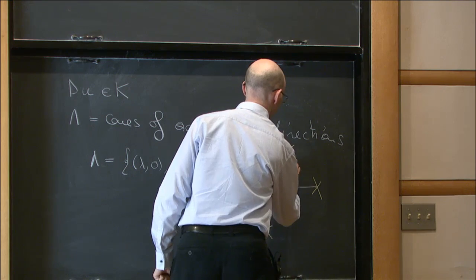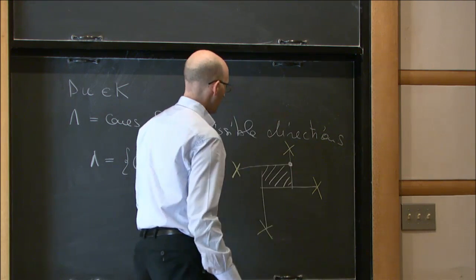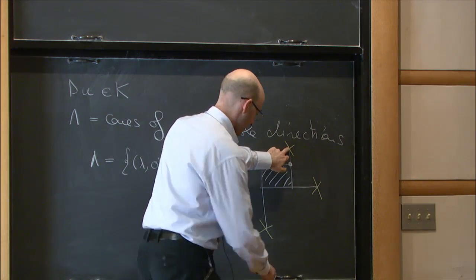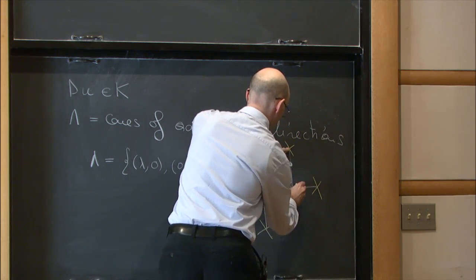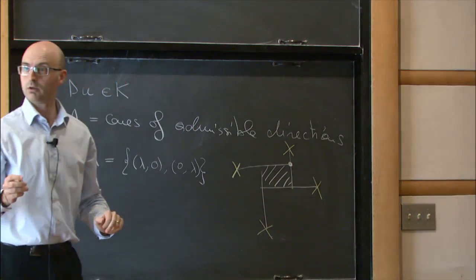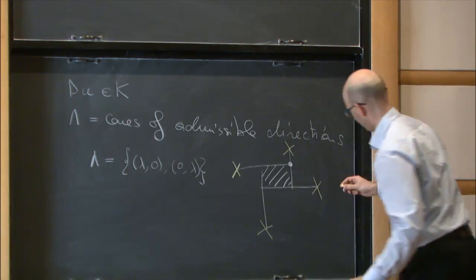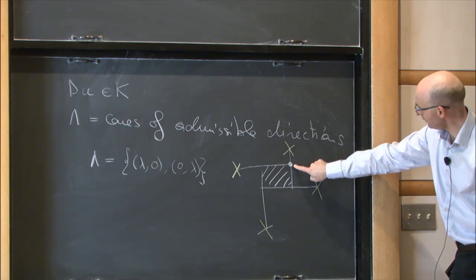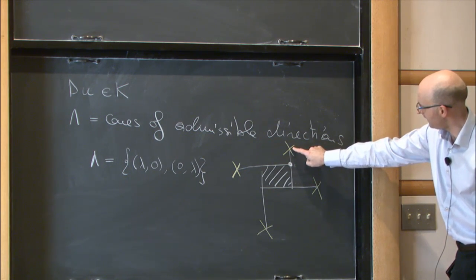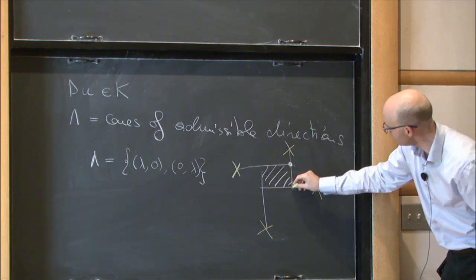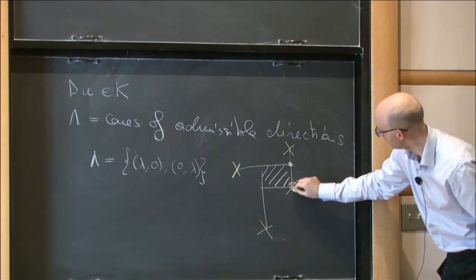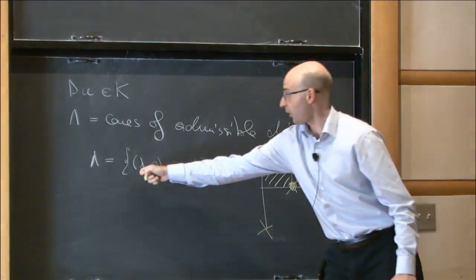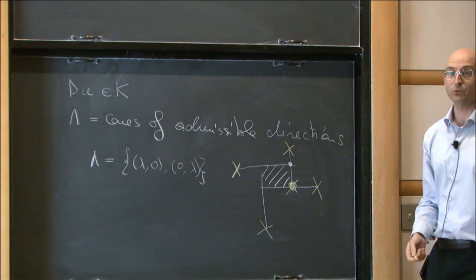Say you start with this point over here. You can write it as a convex combination of this yellow point and this green point, and this line is now vertical, so it's in your set of allowed directions.